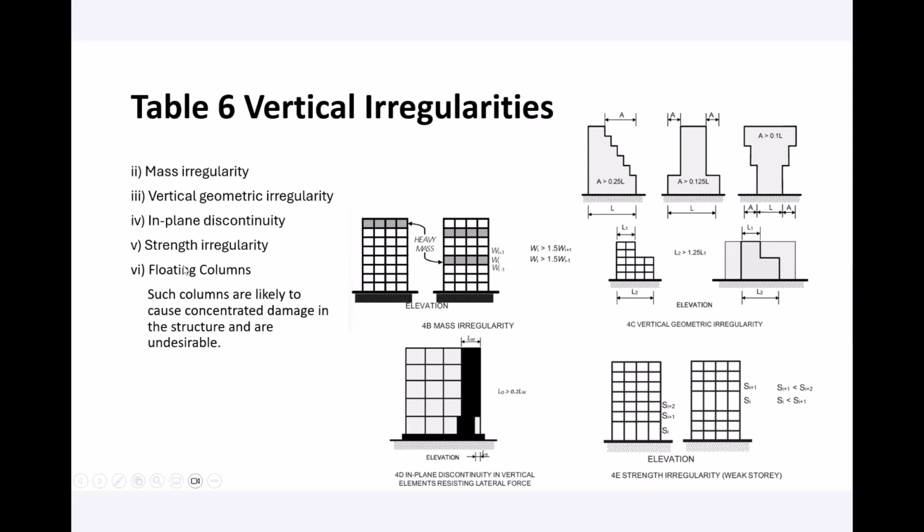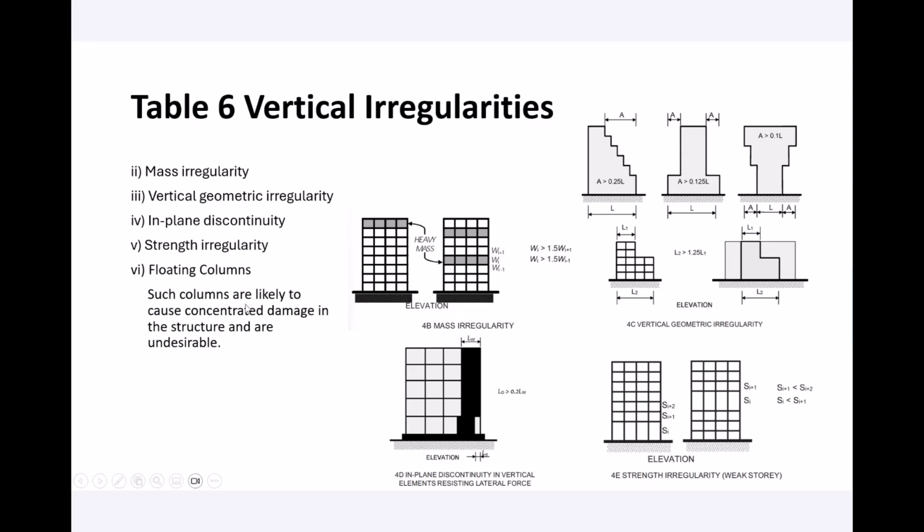Right. Strength irregularity or the weak story. This is not covered in today's session. This requires a strength estimation, which requires a nonlinear analysis to estimate the strength of the members at each story level. That can be estimated, and it is completely doable in the ETABS program.